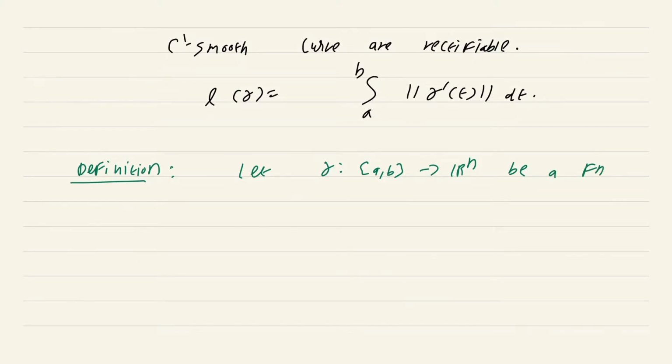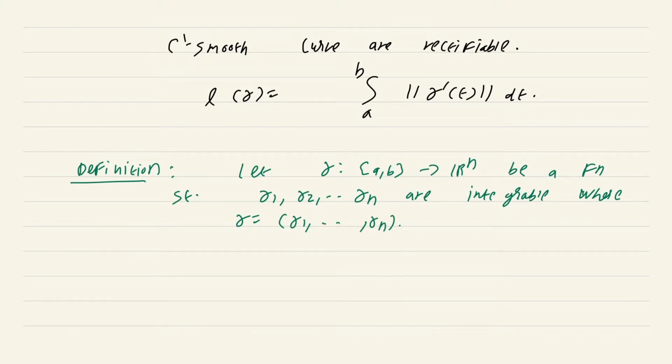Be a function such that gamma 1, gamma 2, dot dot dot, gamma n are integrable, where gamma is nothing but gamma 1 to gamma n. So I'm taking a function gamma, writing the coordinates as gamma 1 to gamma n.